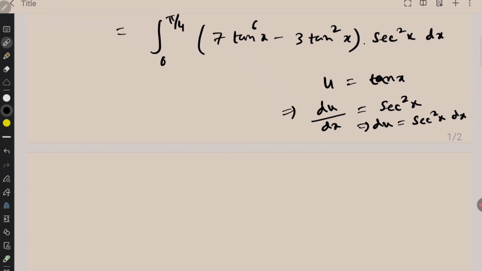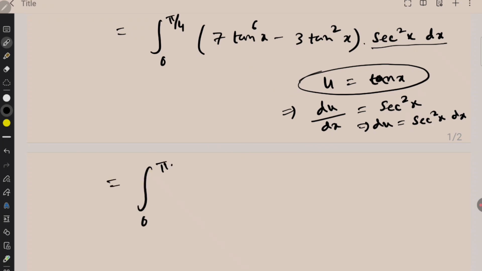So by taking u equals tan x, I can replace this sec squared x dx with du. Let's not put the limits here for the time being. So instead of sec squared x dx, I am going to write du.